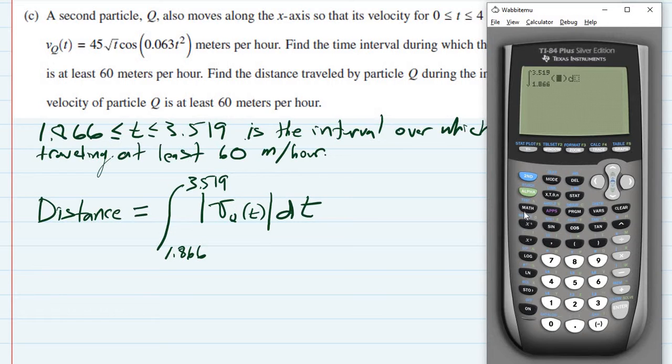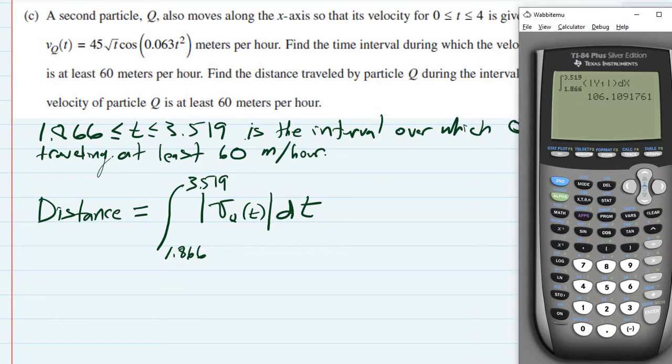We're going to do the absolute value. So we'll take the absolute value. We're going to do alpha F4 so we can tell it to use Y1. And we'll put in our X here and we'll integrate. And we get 106.109. All right, so that is the distance.